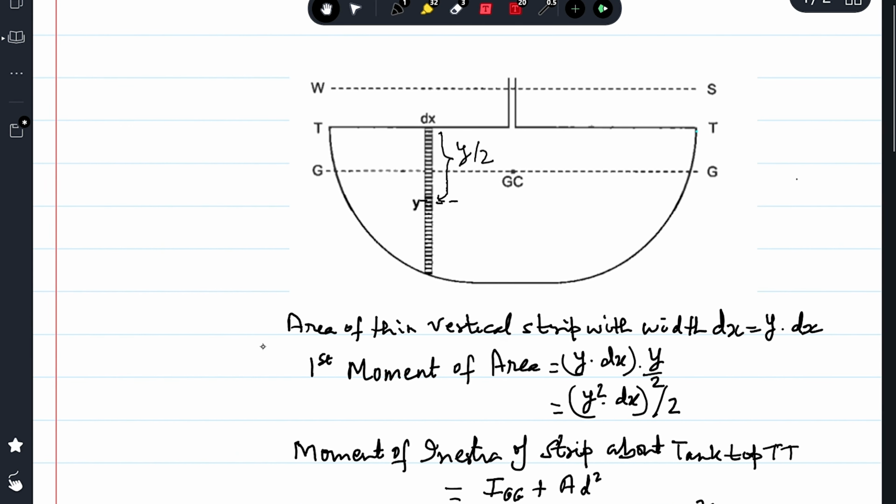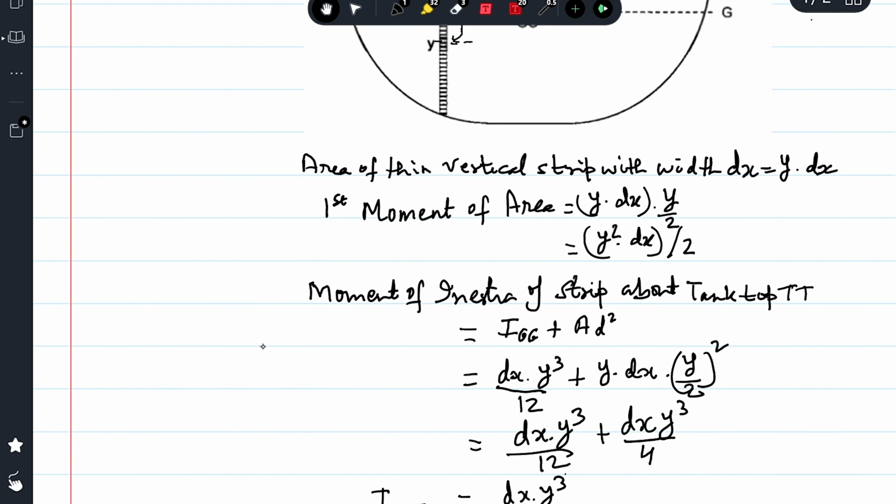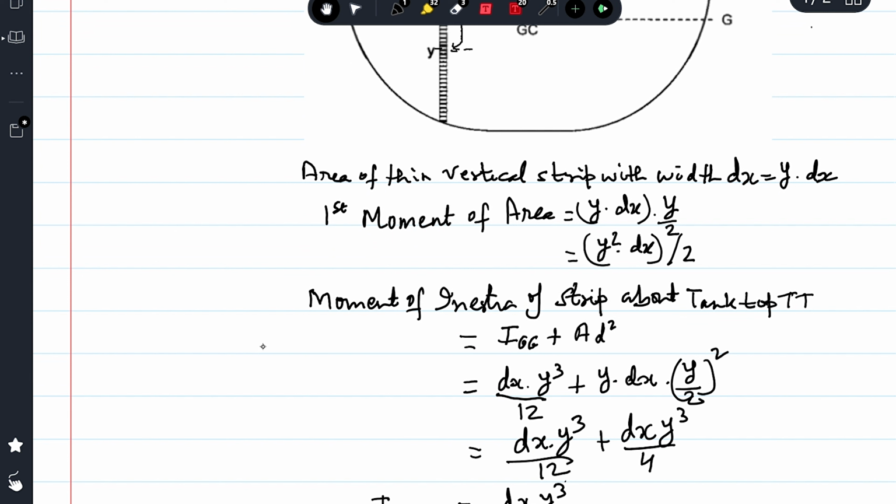That is always the moment of inertia about the axis passing through the centroid of the strip, IgG, plus the area of the strip multiplied by d square. D is the distance of the centroid of the strip from tank top. We are taking moments from tank top, so d is the depth of the centroid of this vertical thin strip below the tank top.